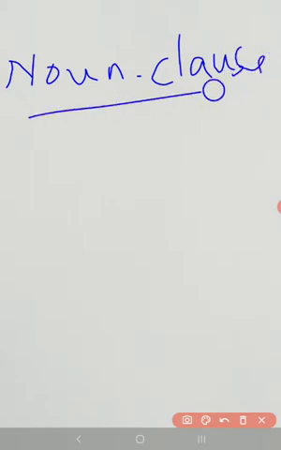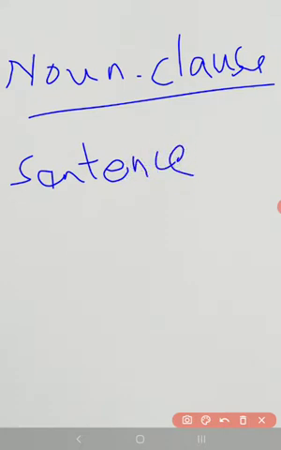What is the format of a noun clause? Here we have a sentence. Then in the sentence we have a verb, that is a reporting verb.